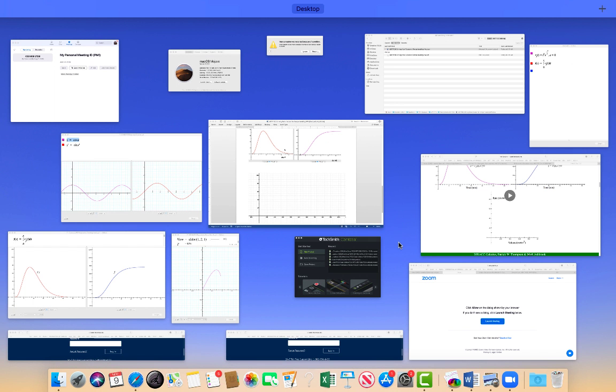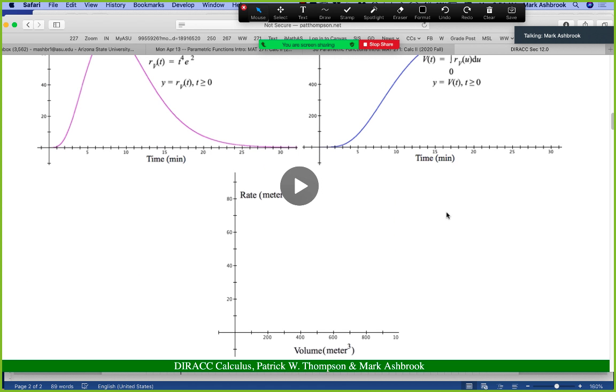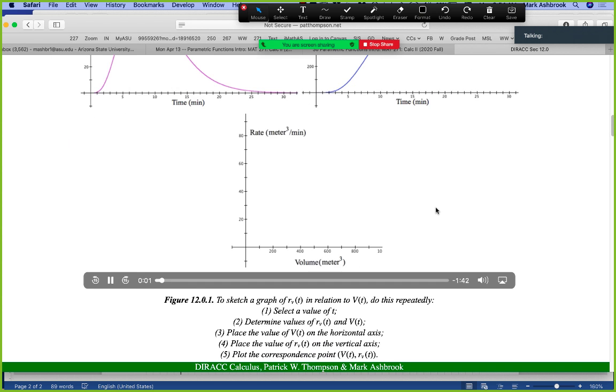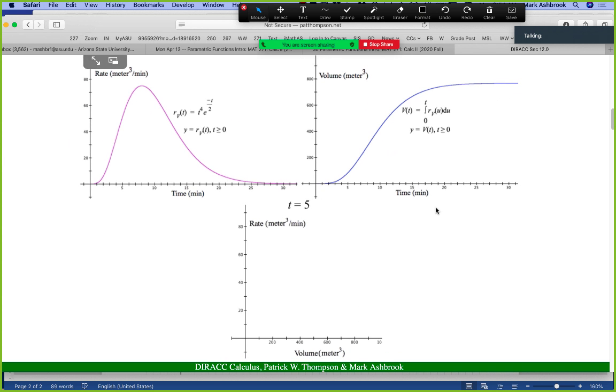So let's take a look. So here's t equals 5. Get the rate at t equals 5. Get the amount at t equals 5. And we're going to put the amount on the x-axis, the rate on the y, and that gives us a point.